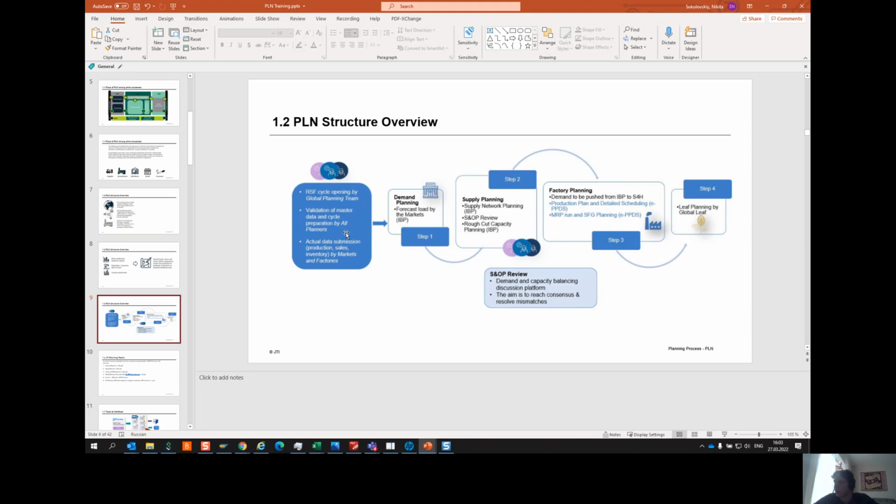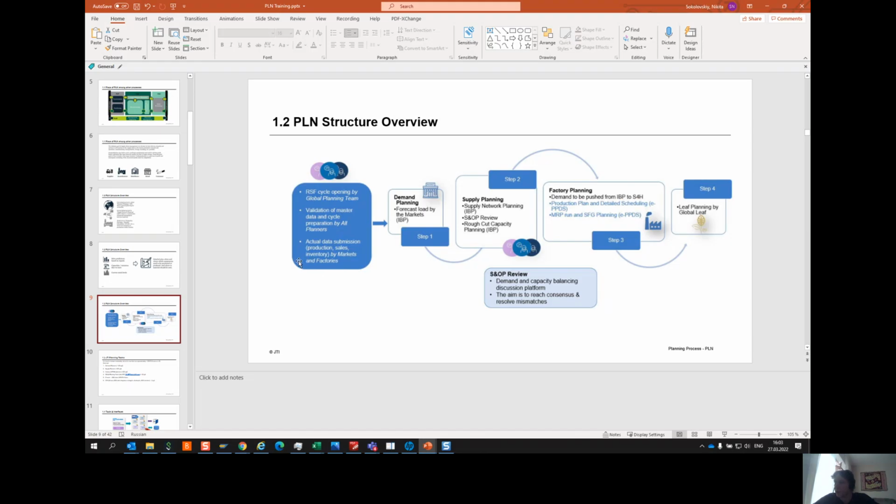You are probably familiar with it: material master data, purchasing info records, the work centers or machines, the plant master data, and so on. Everything should be ready for the next cycle, and all the adjustments should be done in the very beginning as a preparation step.